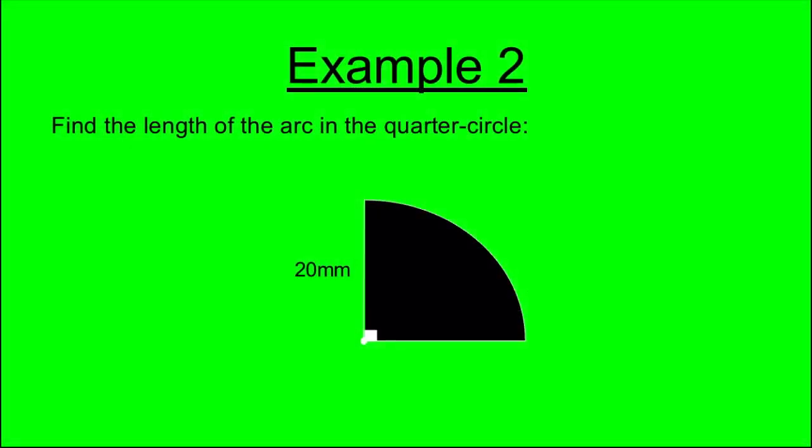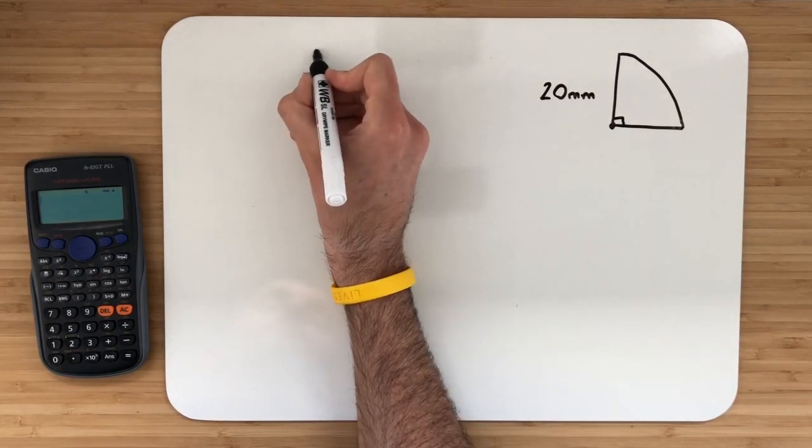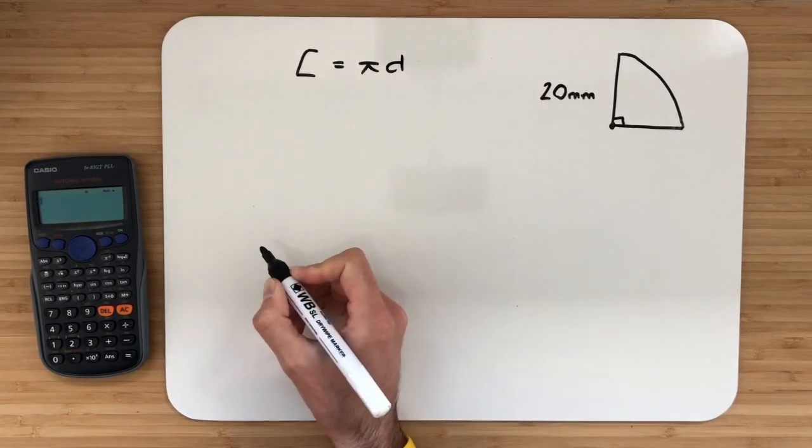Example 2. Find the length of the arc in the quarter circle. In example 2, we've been asked to find the length of the arc in the quarter circle. So to begin with, we always have to begin with a full circle. So let's find our circumference of the full circle. C is equal to pi d.